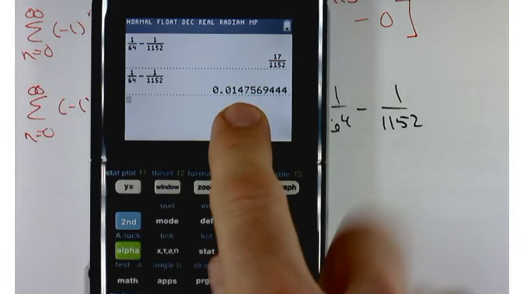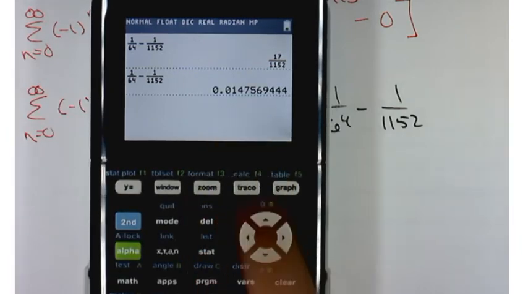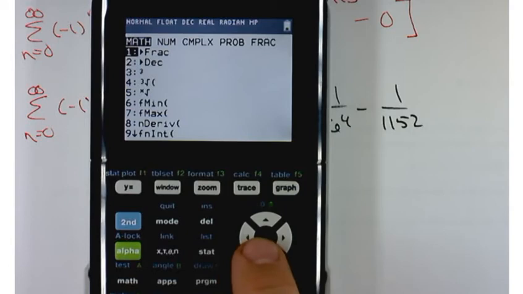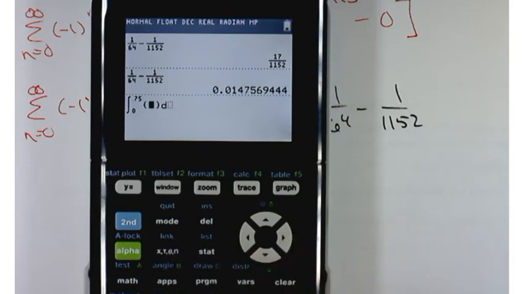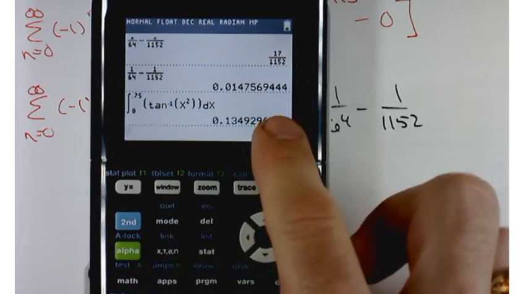There we go. 0.014, etc. Let's compare that to the actual integral numerically. You hit the math button. 9th one down is your integral. The integral from 0 to 0.75, which is 3/4, of the arctan of x squared dx. Let's see how we do.